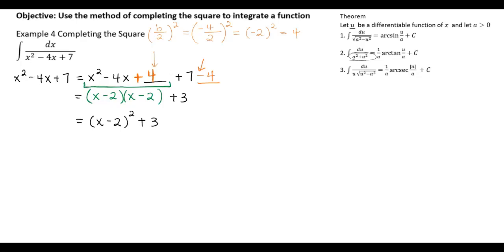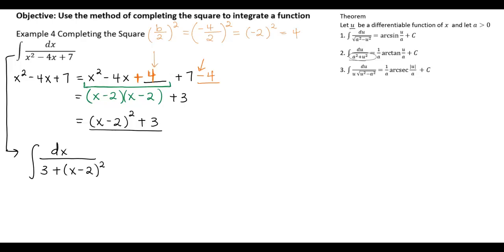So now I'm going to rewrite the original integral that we started with. We now have the integral of dx over, and instead of writing that trinomial, I'm going to rewrite it as what we have at the bottom, x minus 2 squared plus 3. I'm going to switch the order and just put 3 plus x minus 2 squared so that it looks more like what we have in number 2.